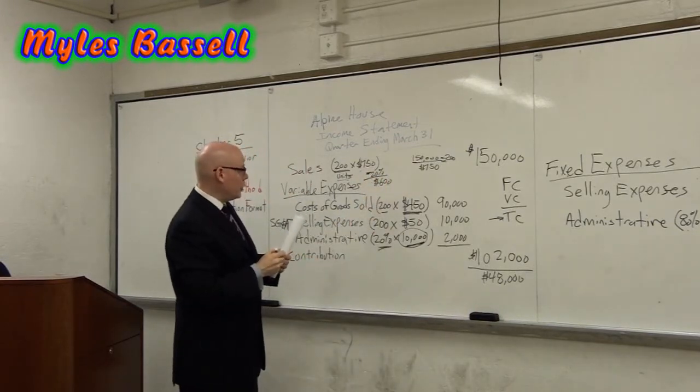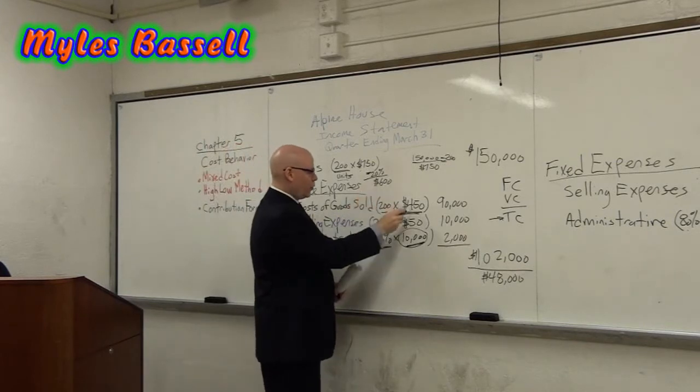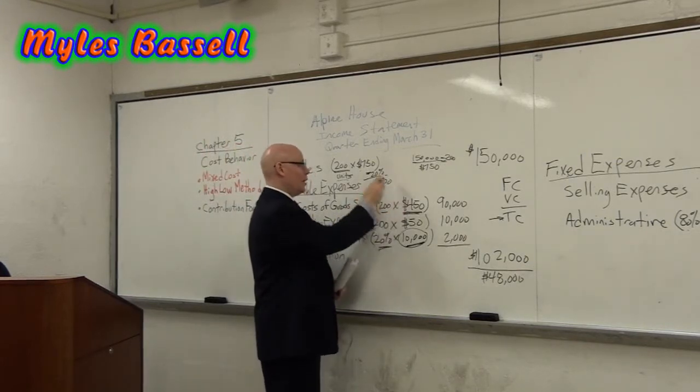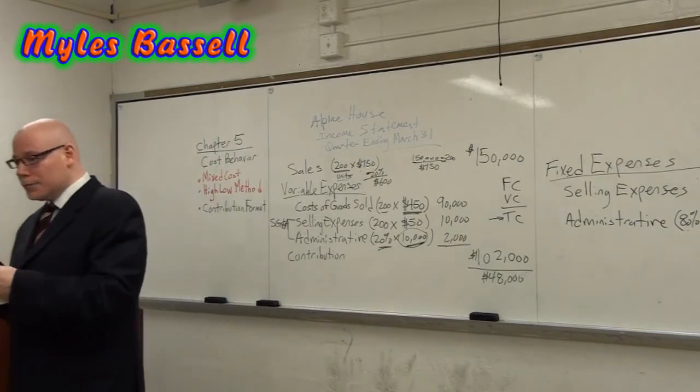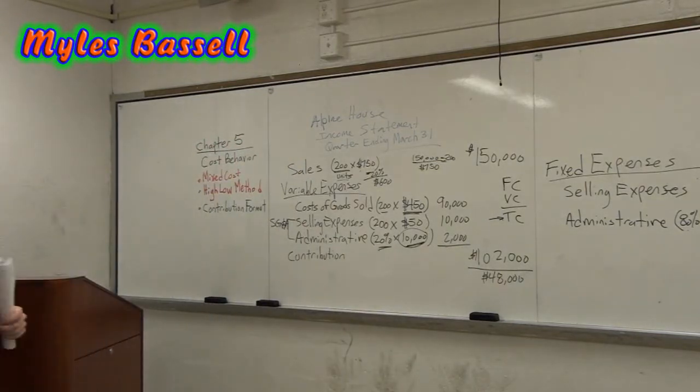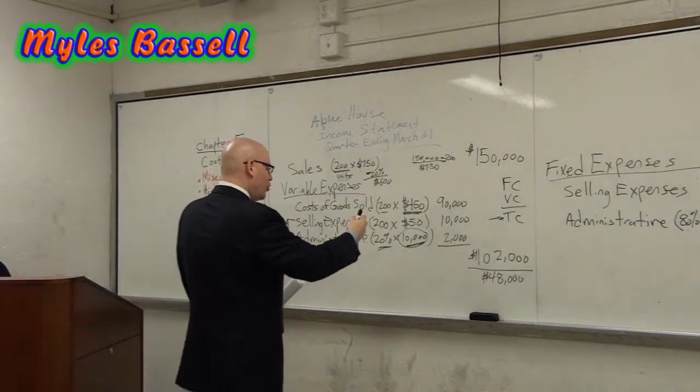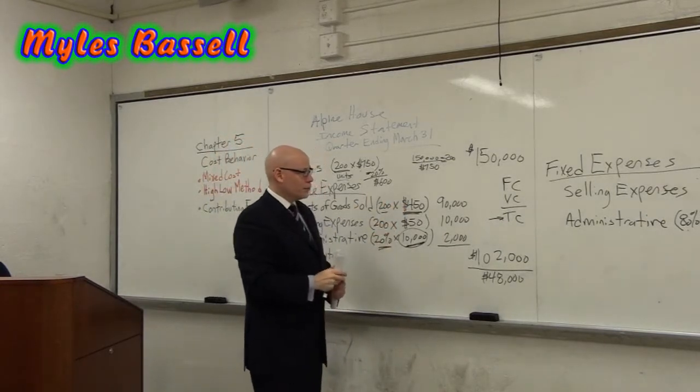We might be able to do that because we're buying it for $450 and selling it for $750, so we're reducing our profits by $150 per pair. We may want to do that, but we need to understand what's going to happen to our variable costs.